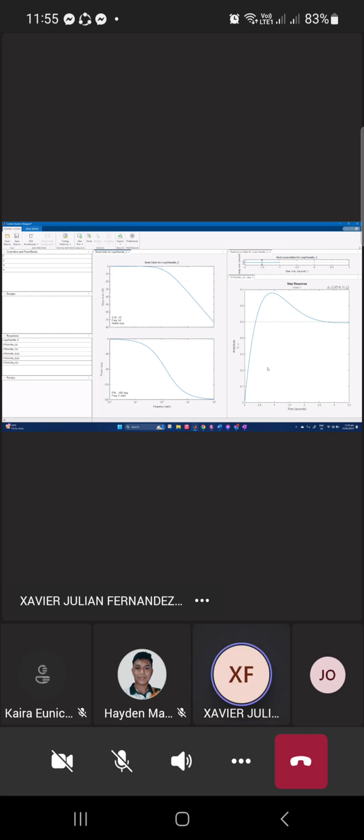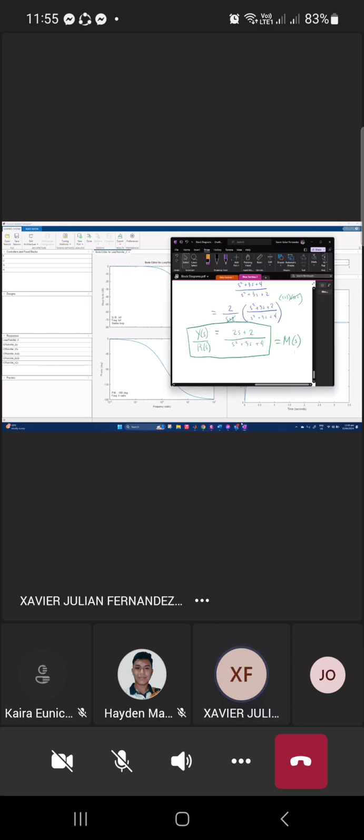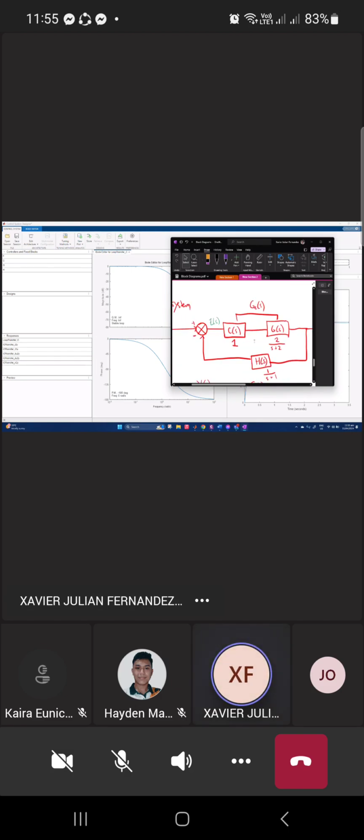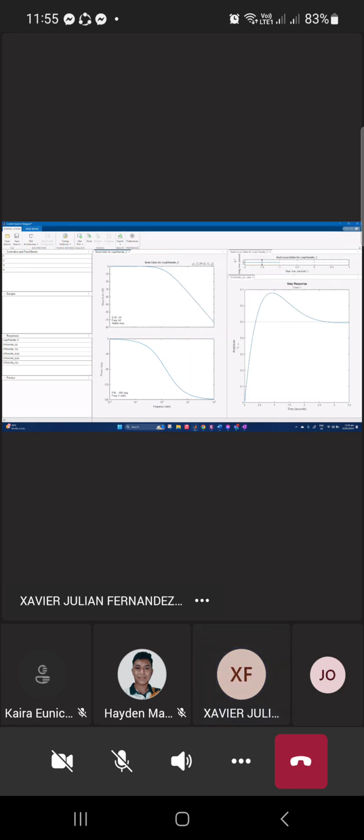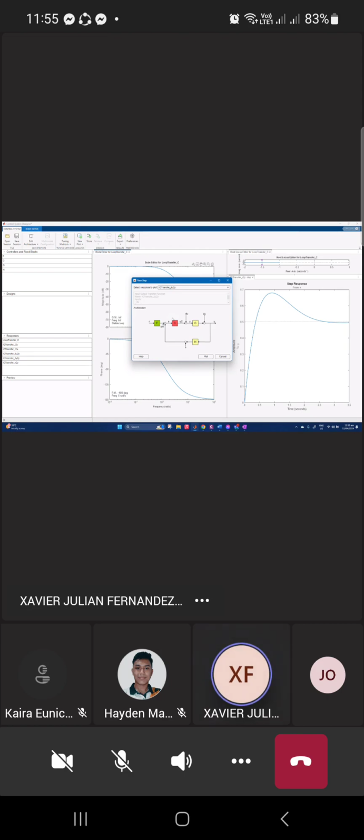What if ginahan ka magkuha og step response from another part of the system? No? Let's say, balik ta dire, no? Let's say, ginahan ko from this one to C of S. We can also get that, no? Arita sa new plot, let's say, new step. No?